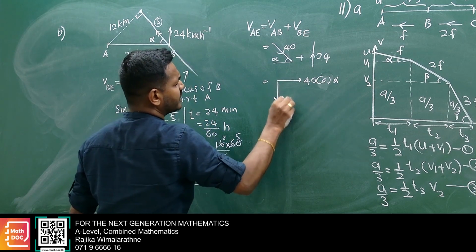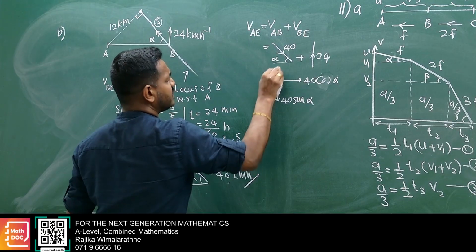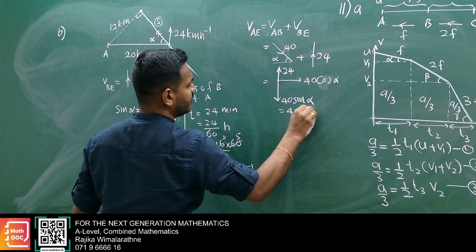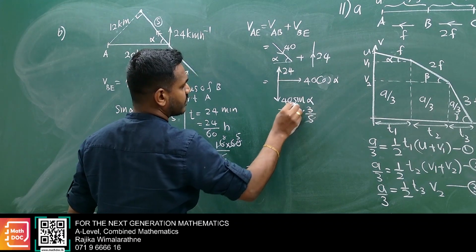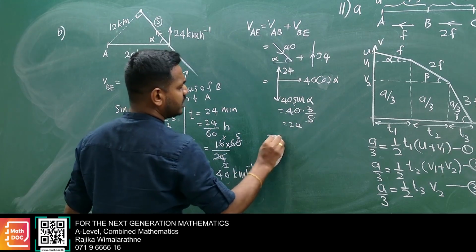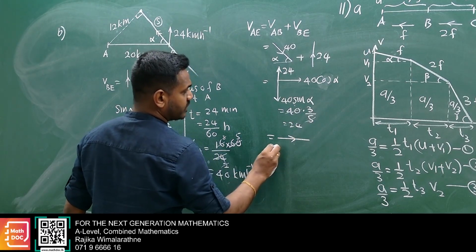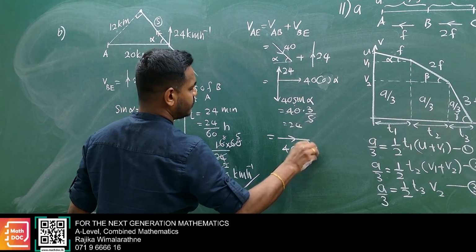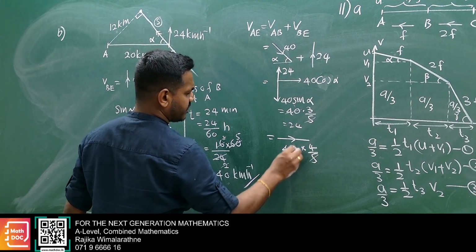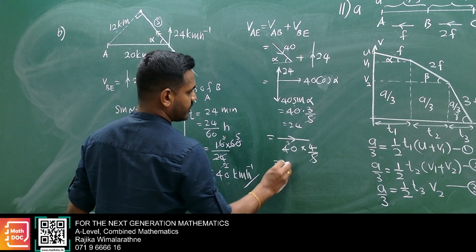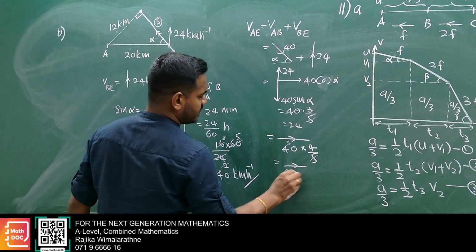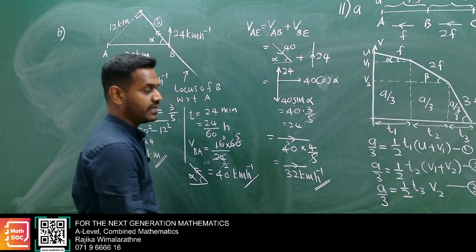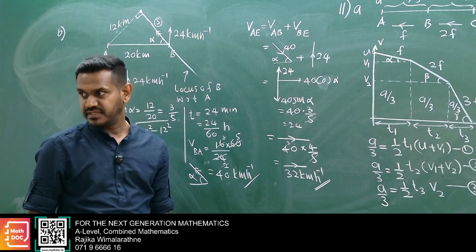Here 40 sin alpha cancels the 24, since sin alpha is 3 divided by 5. Then we have only due north velocity 40 cos alpha. Cos alpha is 4 divided by 5, giving 32 kilometers per hour due north. Here the velocity of A is 32 kilometers per hour due north. That is the velocity.